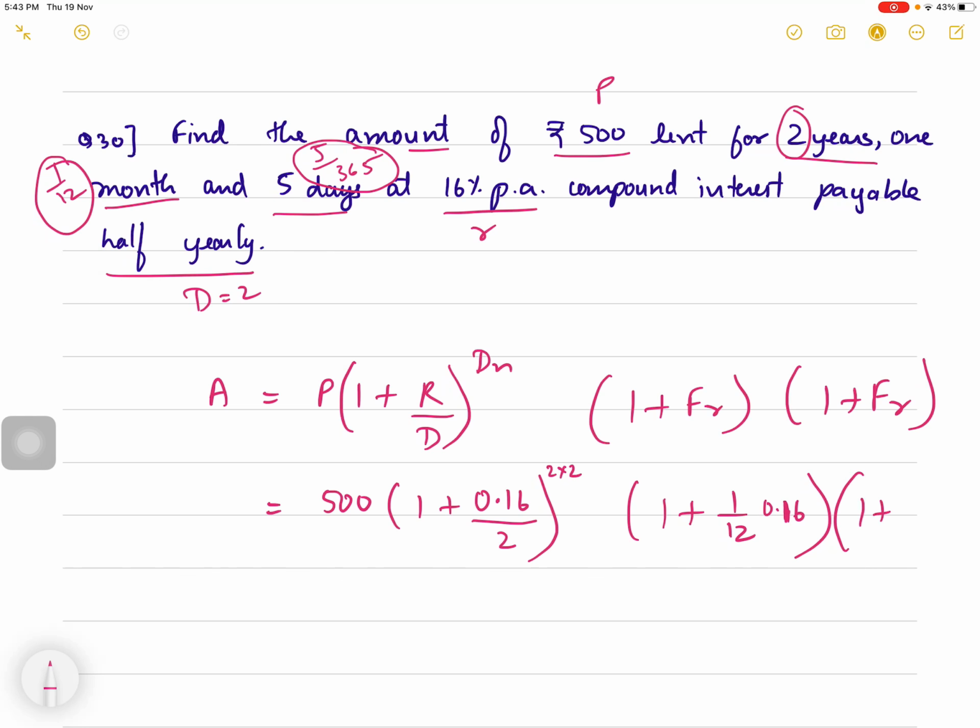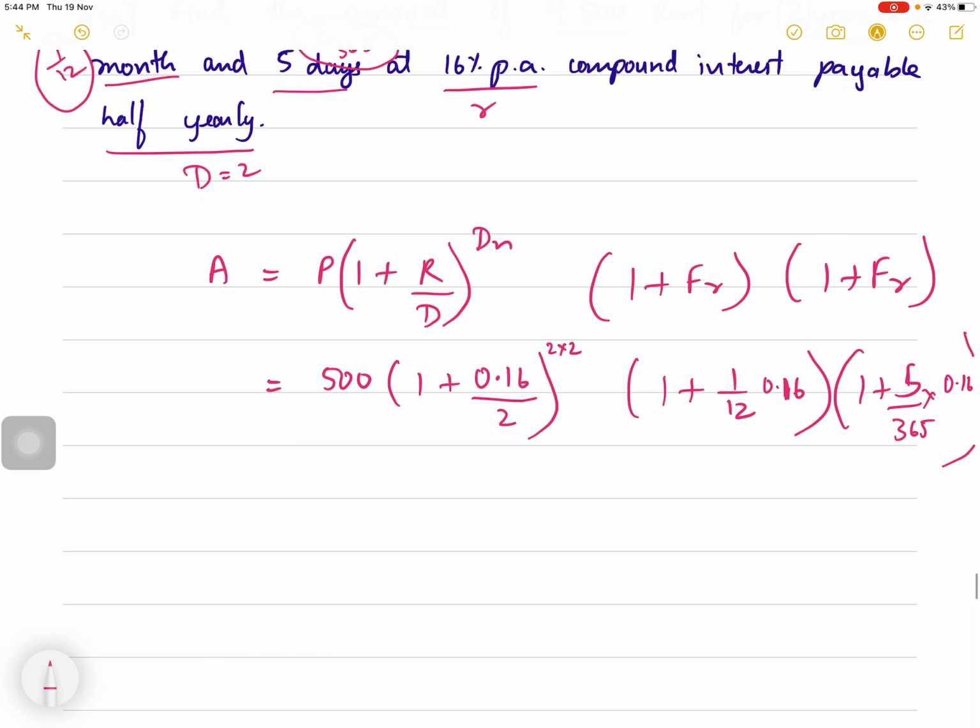Okay, and 1 plus 5 by 365 multiplied by 0.16. Okay, so 500 into 1.08 raised to 4.